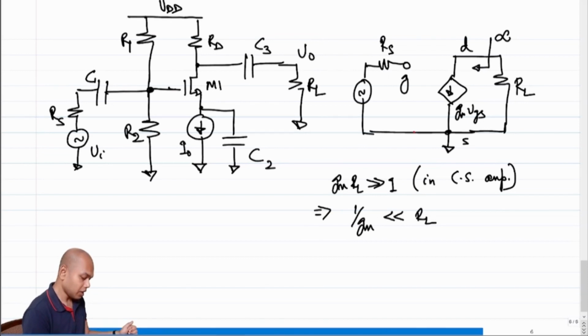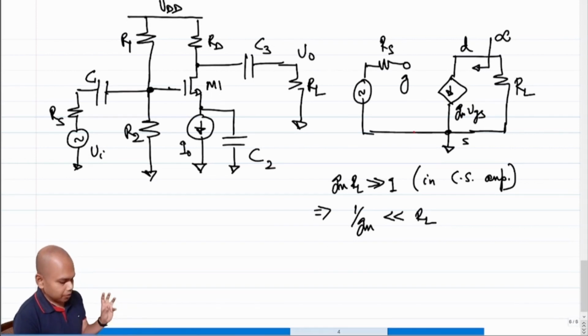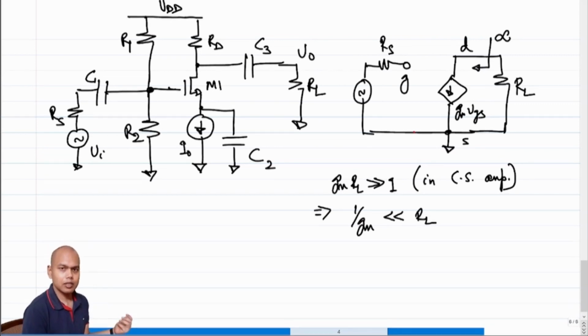Okay, so what does it mean? In plain English, this means that the impedance 1 over GM is much less than the resistance that the common source amplifier is driving, right?